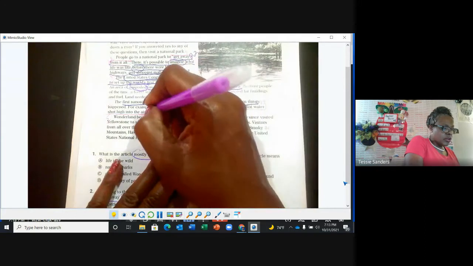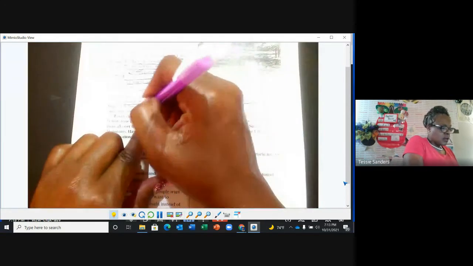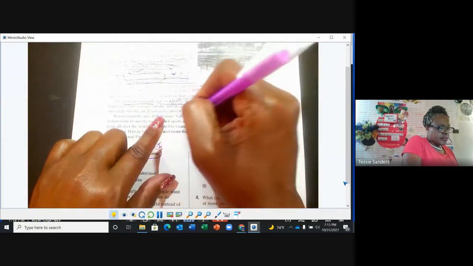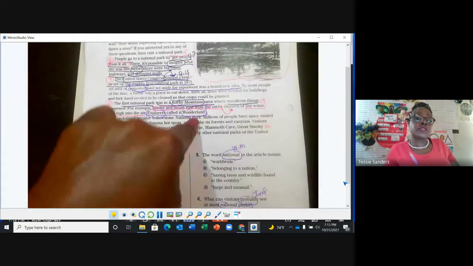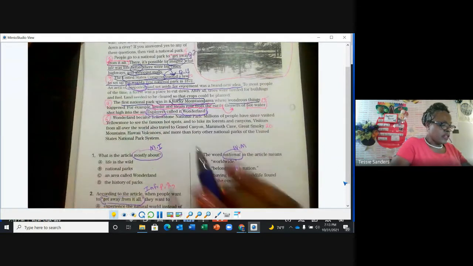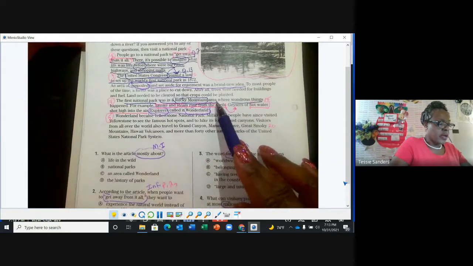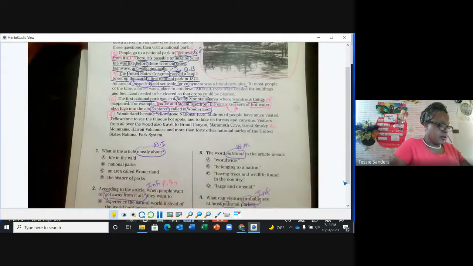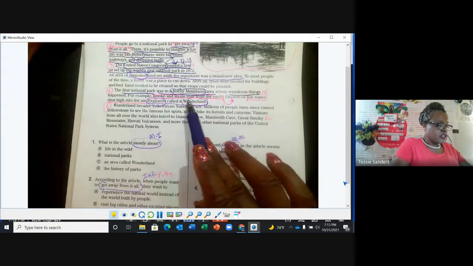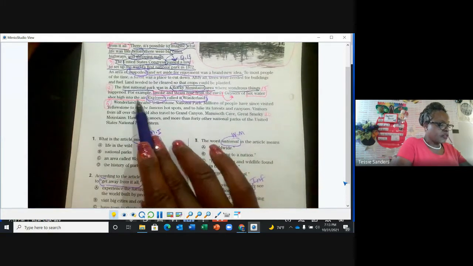So I'm going to take a different color pen. Explorers called it Wonderland. Look at these key words here from questions that we've had. This is going to help you. So let's go back. The first national park was in a Rocky Mountains area where wondrous things happened. For example, smoke and steam rose from the earth. Geysers of hot water shot high into the air.